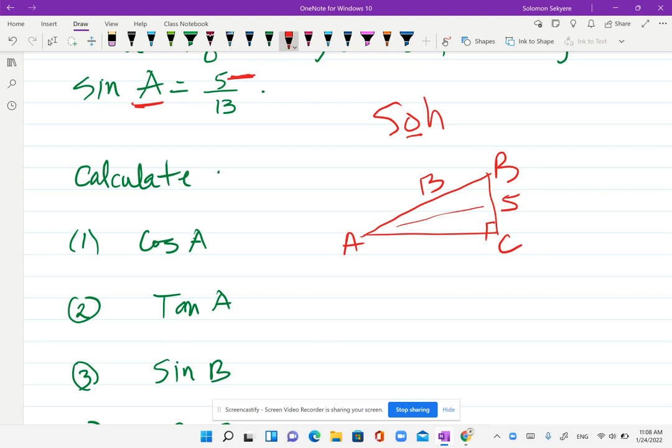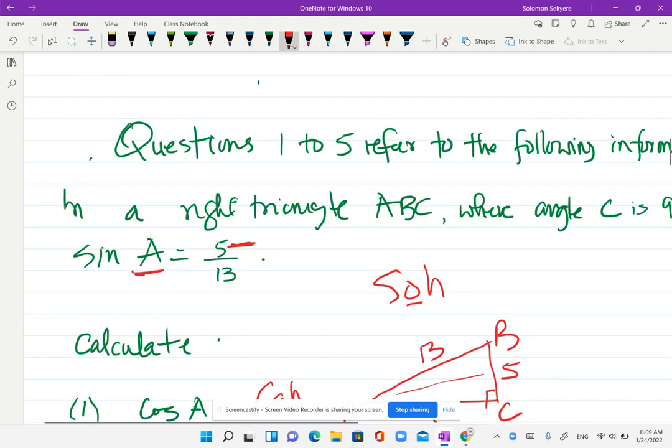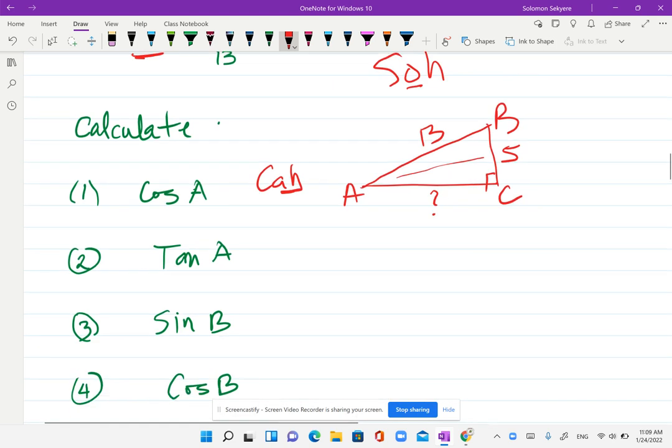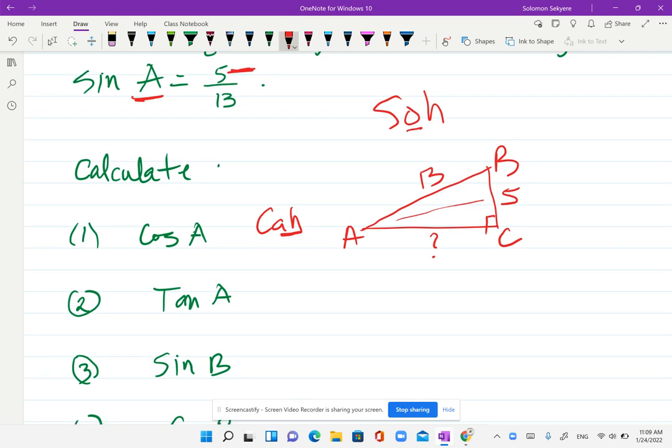We've been asked to calculate cosine of A, which is adjacent over hypotenuse. We don't know that side. You can use Pythagoras theorem to calculate it, but if you remember your triples, 5, 13, and 12 form a triple.